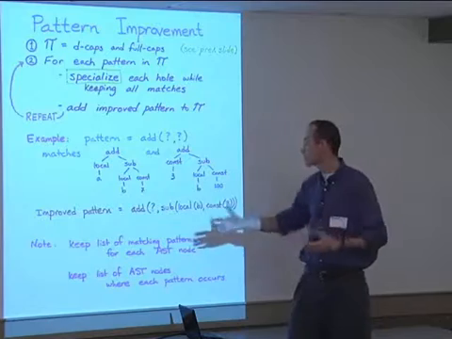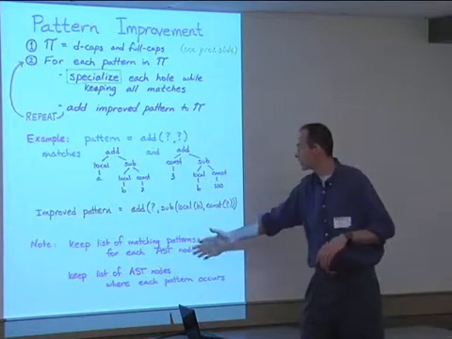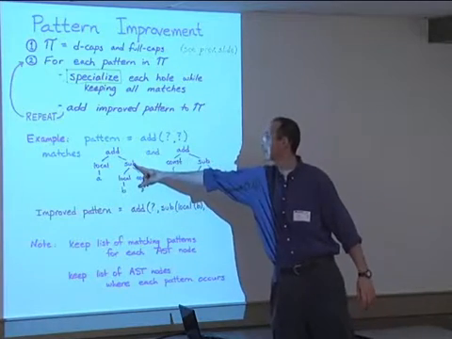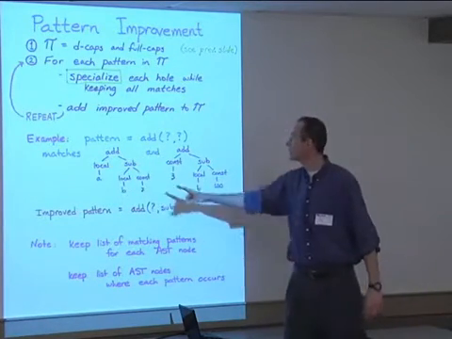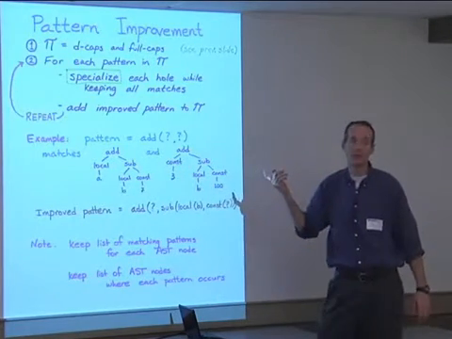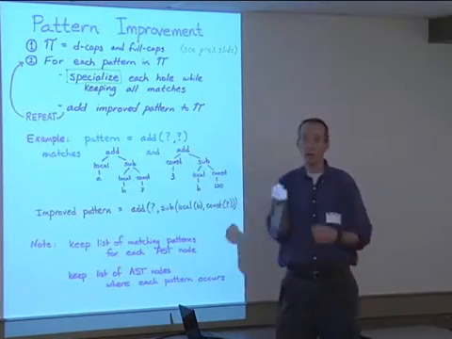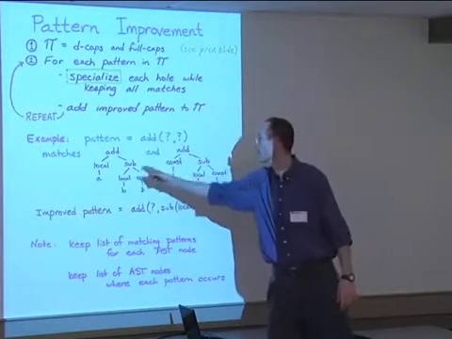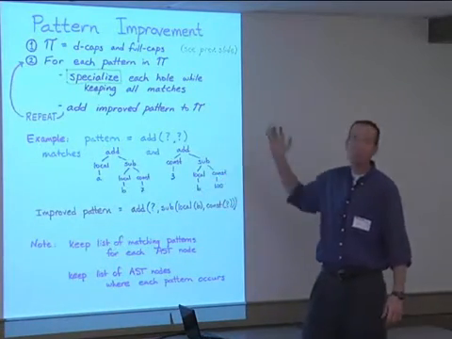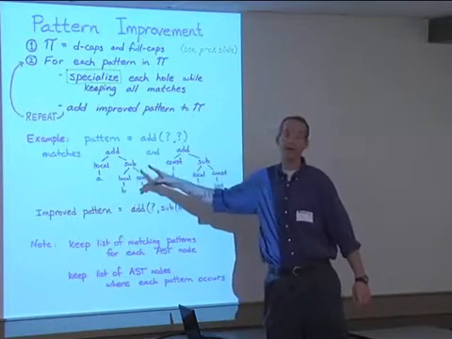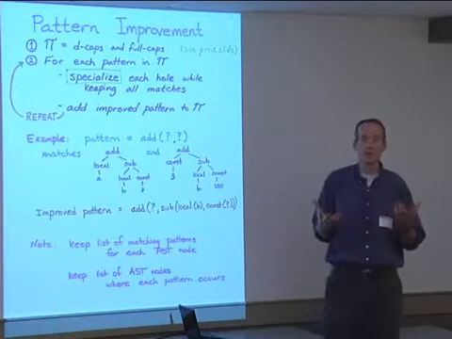So you have 2 structures. You have a list of matching patterns for each abstract syntax tree node, so I know what patterns match this node. And for every pattern that matches this node, I know where that pattern matches. So I can just pull it out and say, well, do you match everywhere that I need you to match? And it says yes. And then I say, oh, great. Then I'll fill in this hole with that pattern that matches. I use the biggest one that I can find.